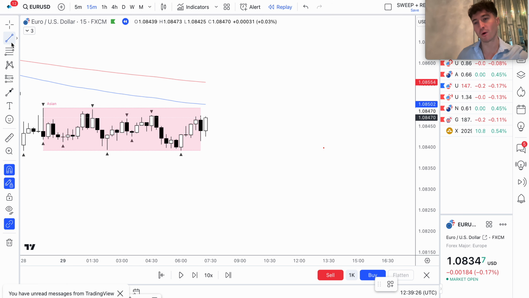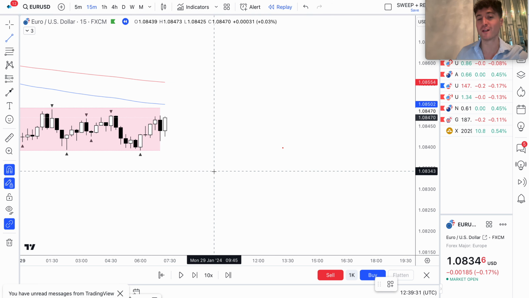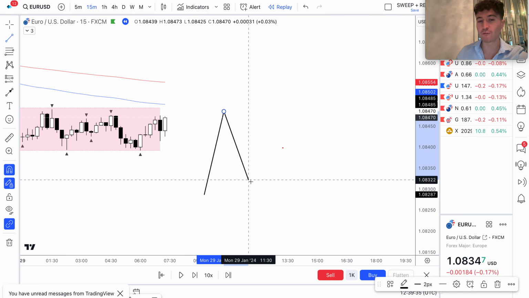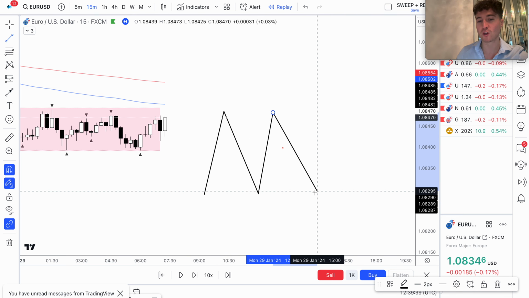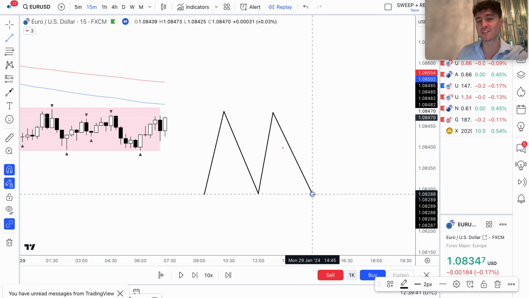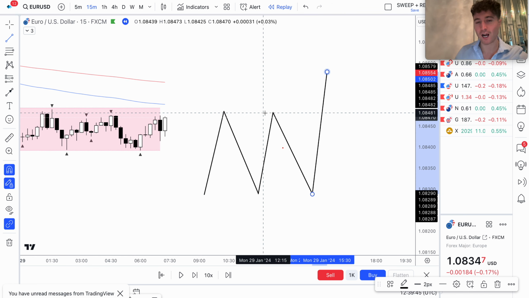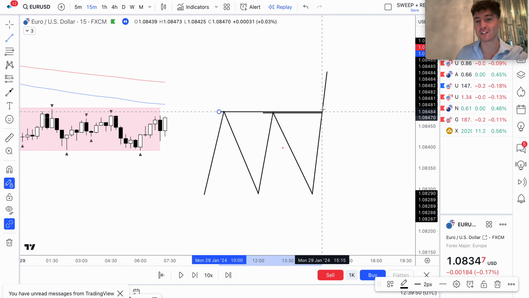For anybody that is new here, I just want to break down exactly what a liquidity sweep is. For example, we have some sort of ranging market, something like this. We then see a violation outside of the norm, i.e., we are breaking above these fractal highs here.